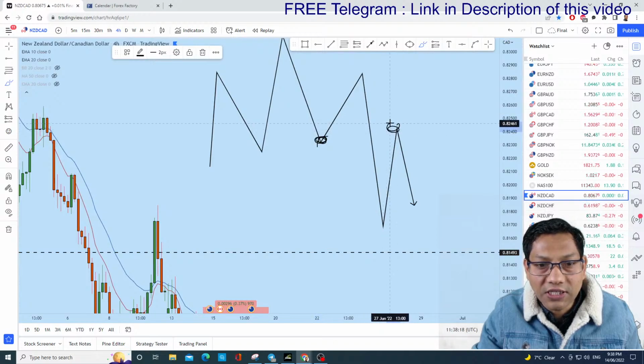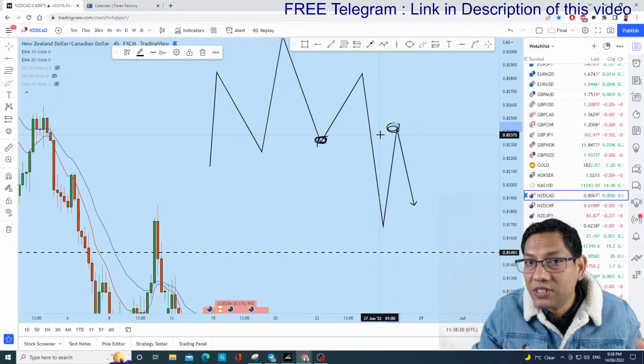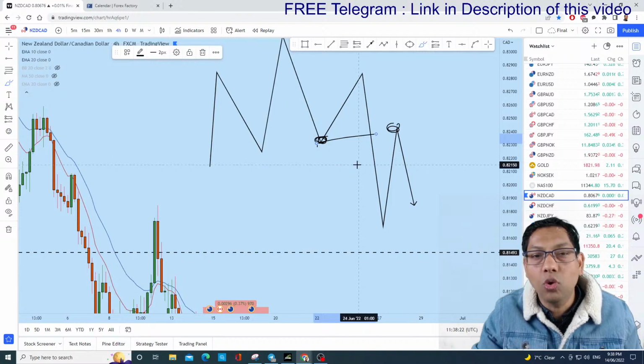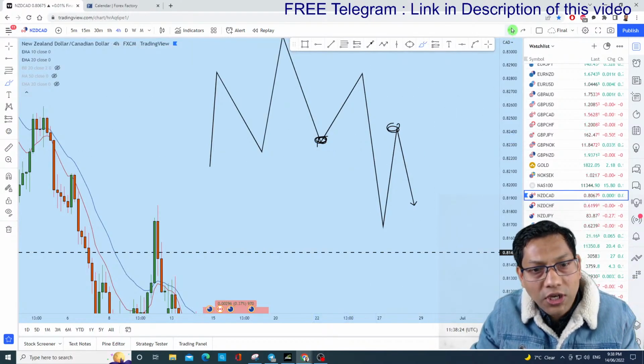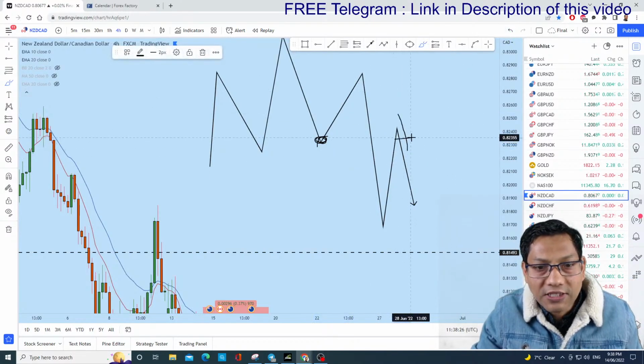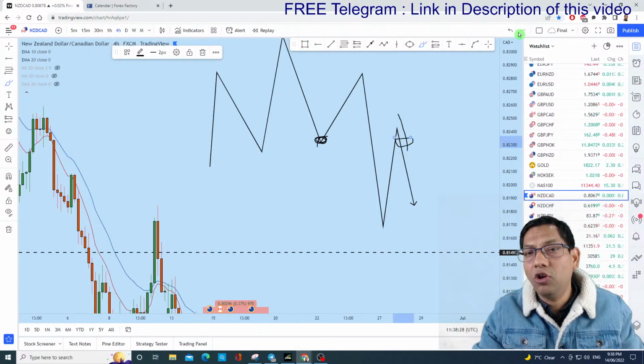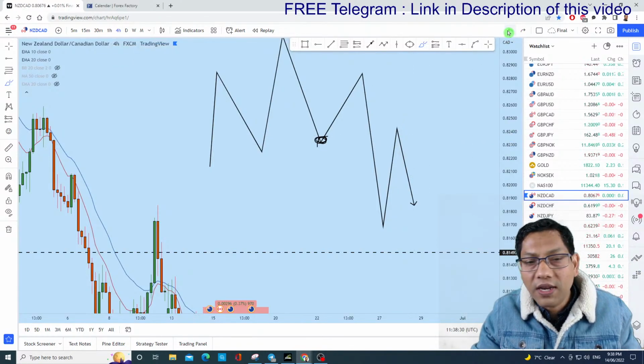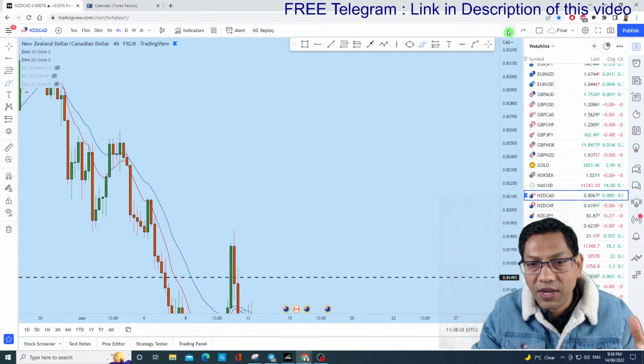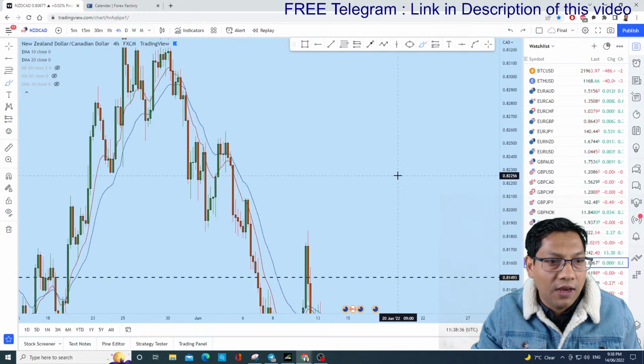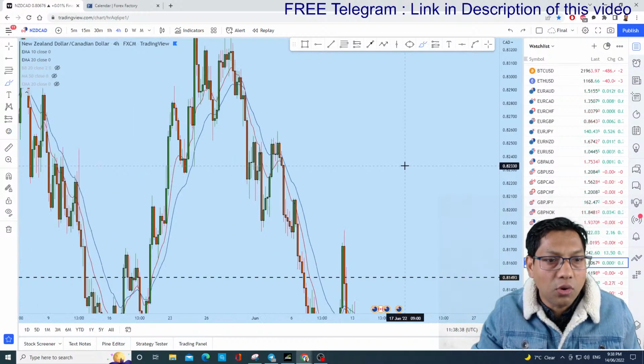Support tested as resistance doesn't mean that the price will go there and you will sell. You need to wait for, let's say, a doji, a bearish engulfing, a pin bar, any kind of selling price action, then you can consider selling.